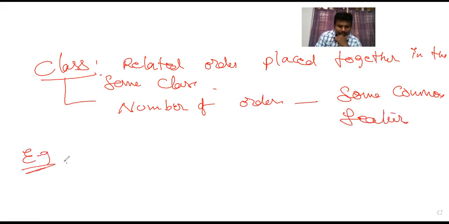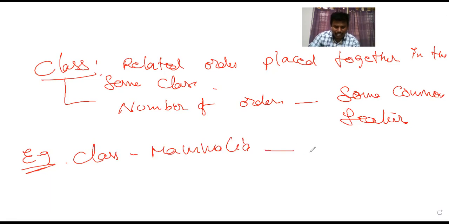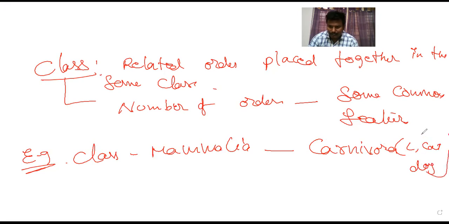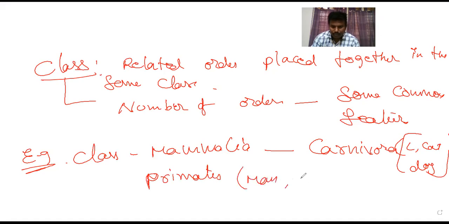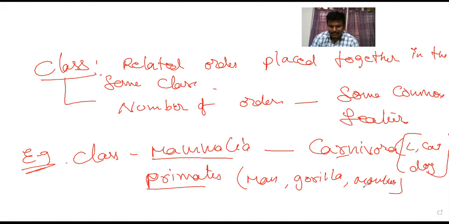For example, the class Mammalia has order Carnivora, which includes lion, cat, and dog. Next, order Primates, which includes man, gorilla, and monkey.